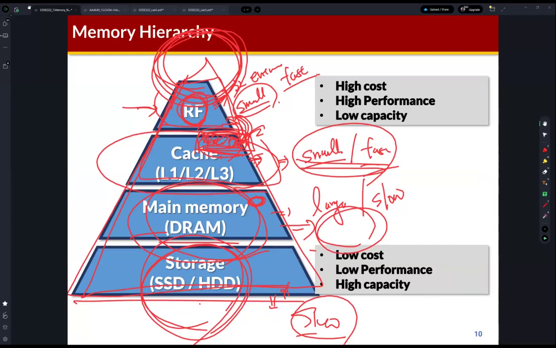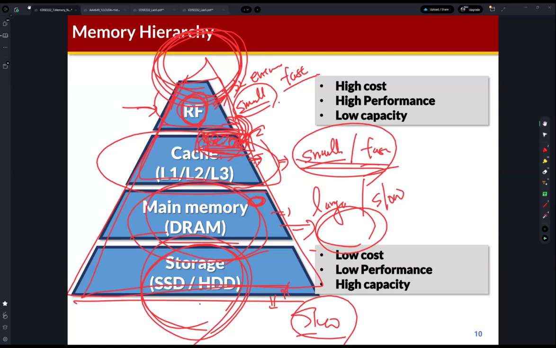It is because we cannot use perfect memory. Perfect memory means the memory size is very large, the memory is very fast, and also cheap. But we cannot use the perfect memory. If the memory size is large, it is slow, and if the memory is fast, the size is small.